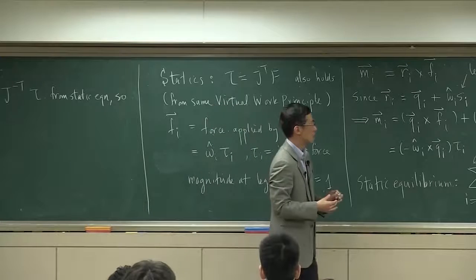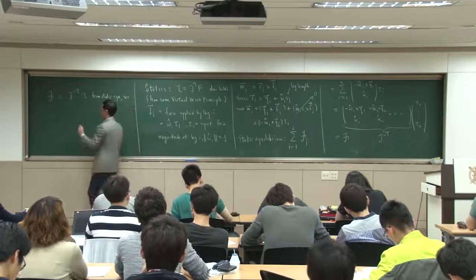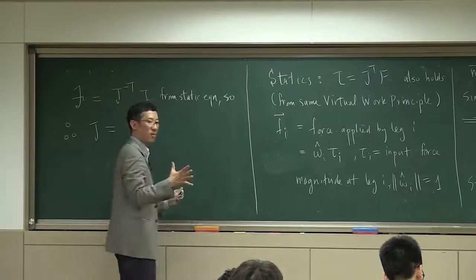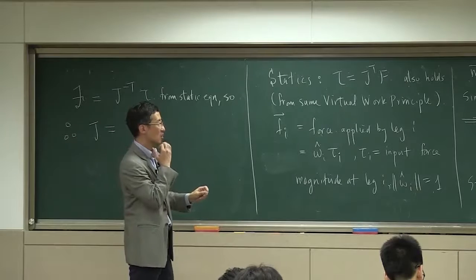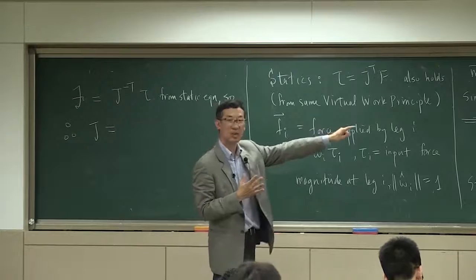So for the Stewart platform, for the 6 SPS, we can in fact get the Jacobian by taking the inverse transpose of that.